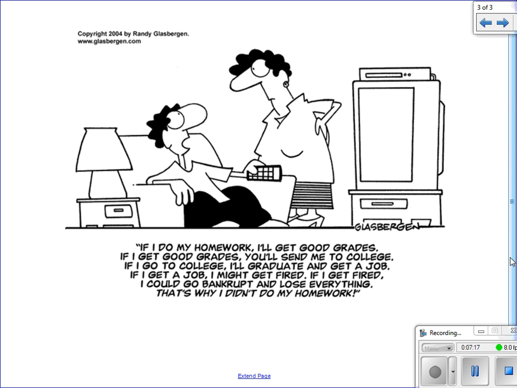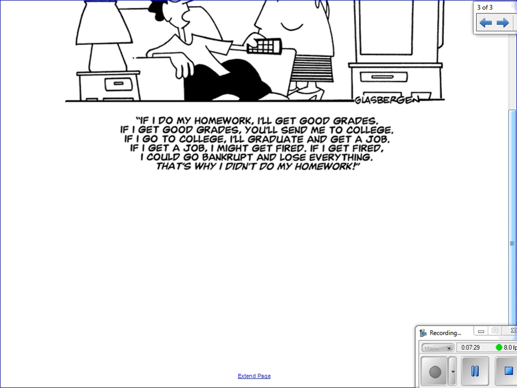Now they don't have the conclusion on here, but what law would this probably be linked to that we just learned? The law of syllogism. So let's write. Do my homework, I lose everything. If I do my homework, then what? I'll lose everything. I'll lose everything.